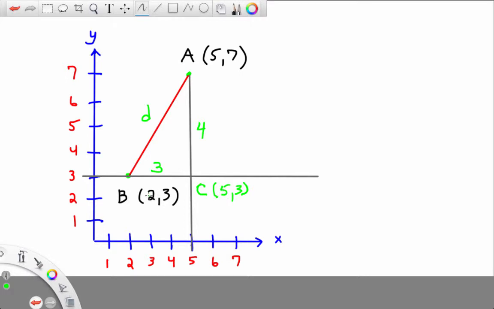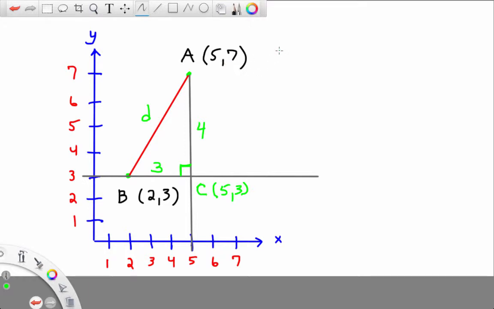And notice that the vertical line through A and the horizontal line through B intersect at a right angle because horizontal and vertical lines are perpendicular.